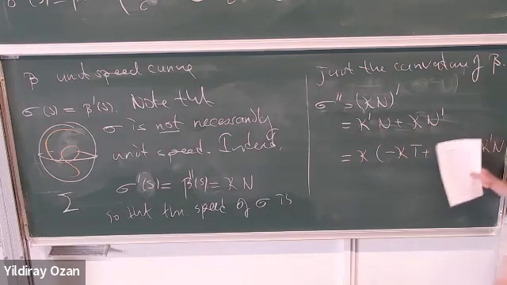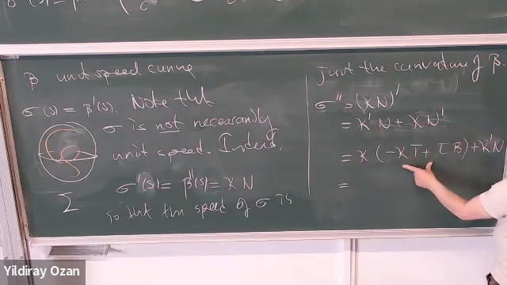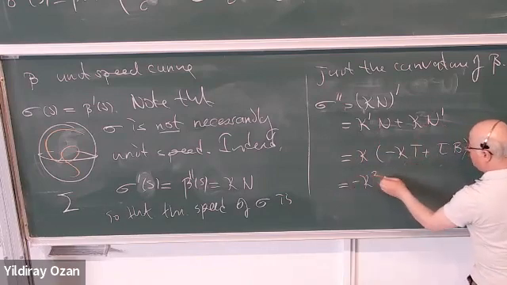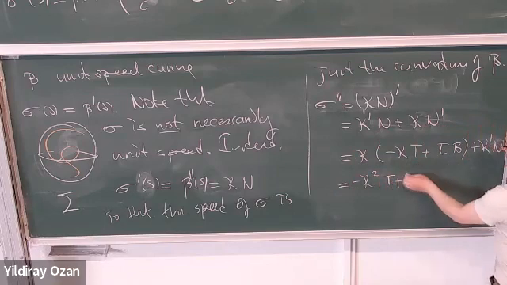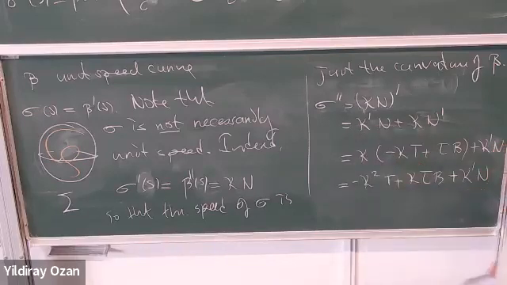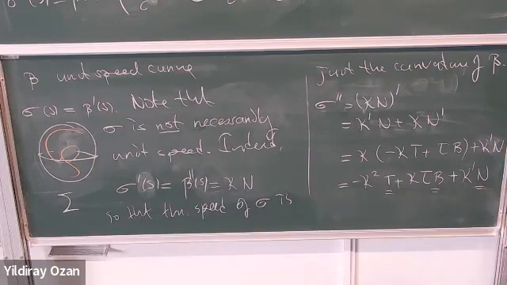So we get minus kappa squared t plus kappa tau b plus kappa prime times n. So we wrote the acceleration vector in the t, n, b frame, right? Okay.